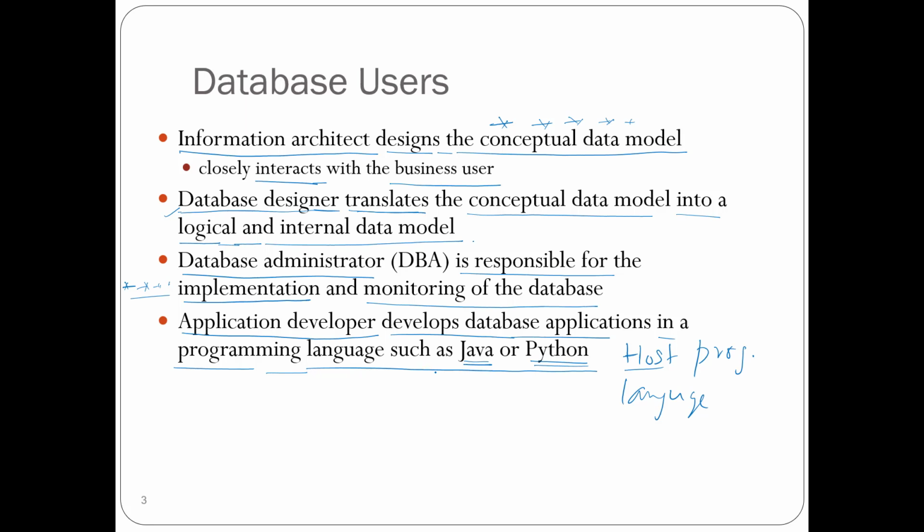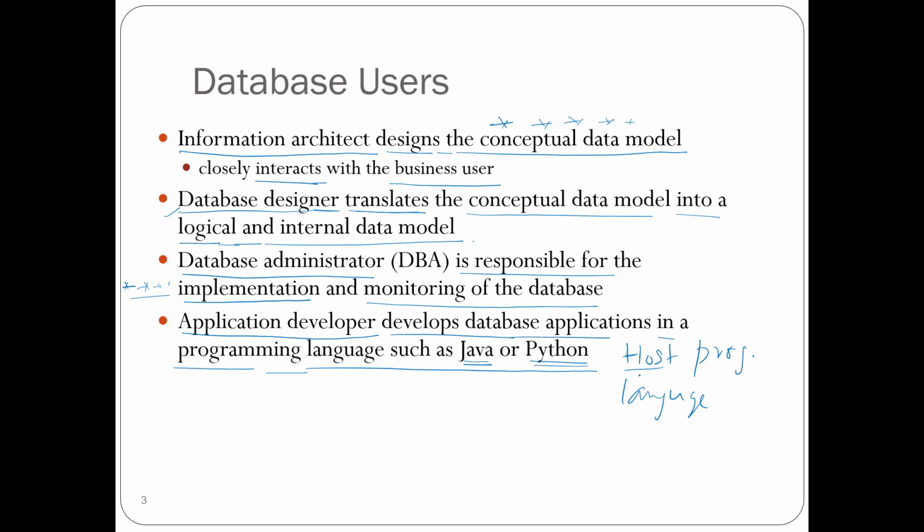Another question arises: why was a host programming language needed? Is the DBMS enough? I'll say probably not, because of the kind of flexibility that we get in languages like Java and Python, their control structures, their conditional statements, their iterations, and other features like the object-oriented features that you may want to use.